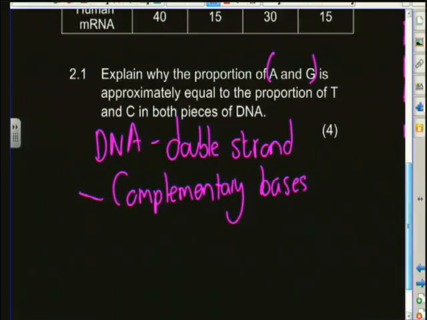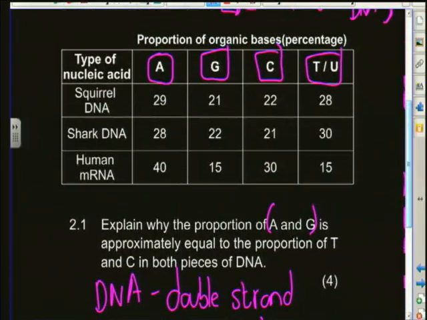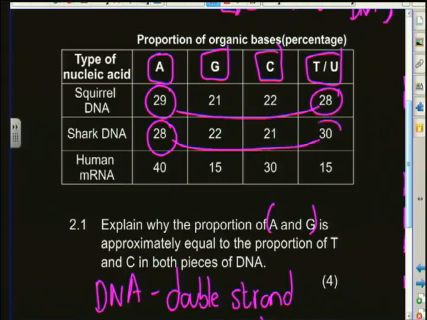If we look at A, in the squirrel there's 29, shark there's 28, and we're just looking at the DNA. A, what do we know? A goes with T. 29, 28. Similar. Shark here, 28, 29.